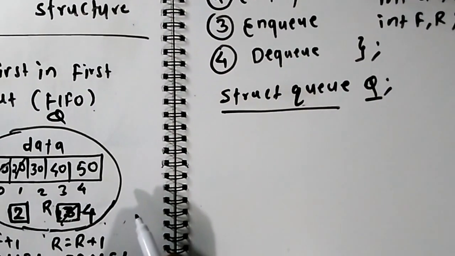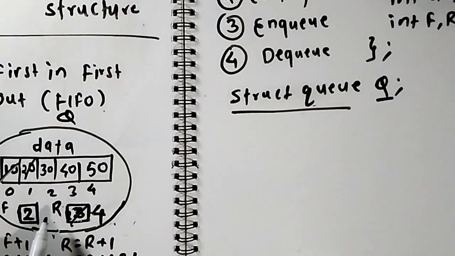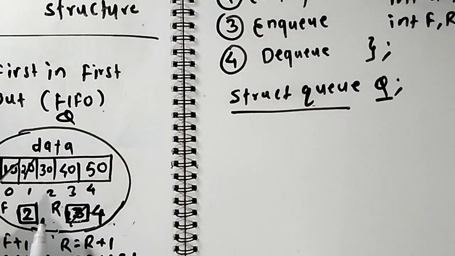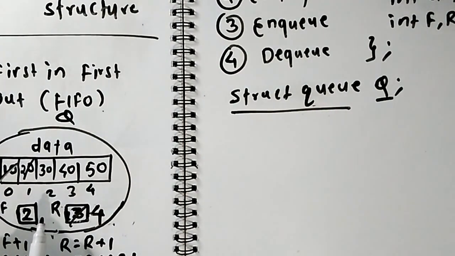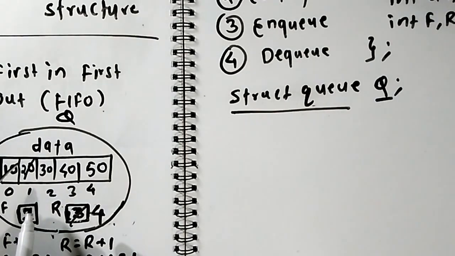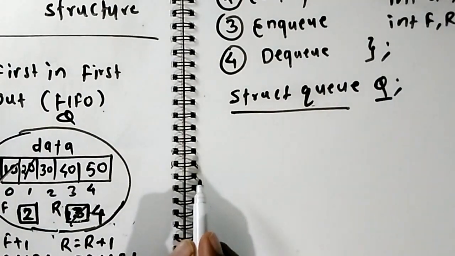As soon as this queue is created, we need to initialize it. Initializing the queue means setting front and rear to -1, indicating we have not inserted any value inside this queue, or we have just created the queue. So the queue is empty, and we indicate it by setting front and rear to -1. That is called initialization of the queue.